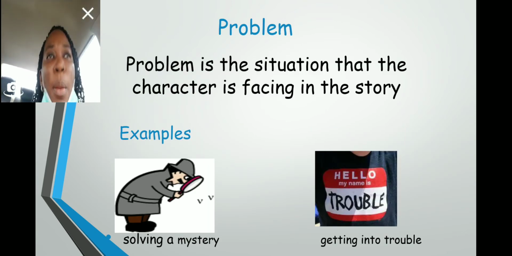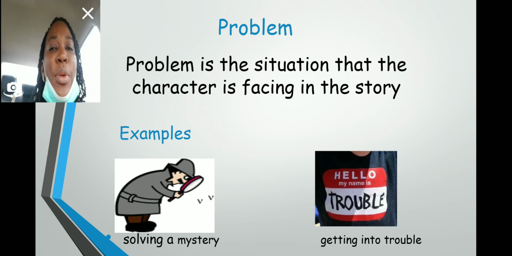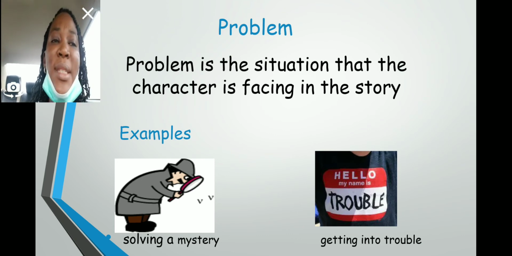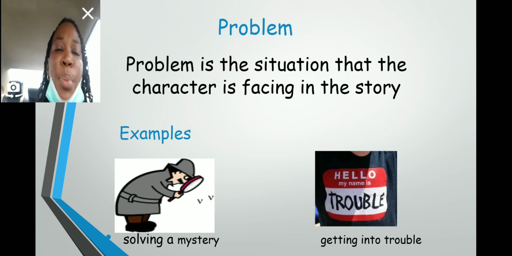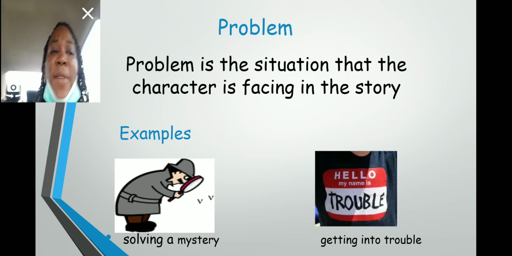Okay. The third part of a short story is the problem. The problem is the situation that the character is facing in the story. For instance, a character may be solving a mystery, or may be confused about something and wants to get answers.